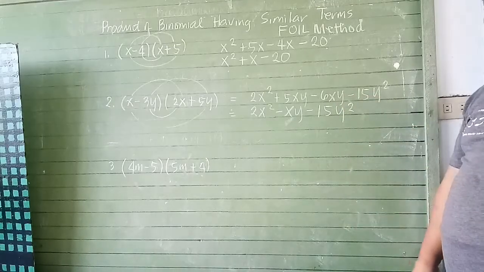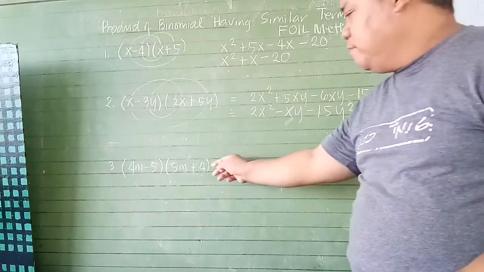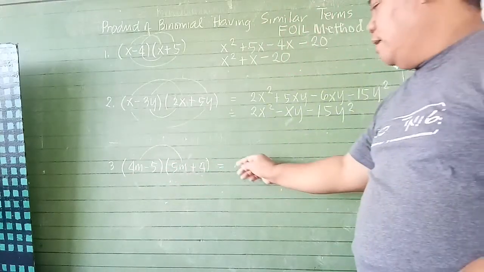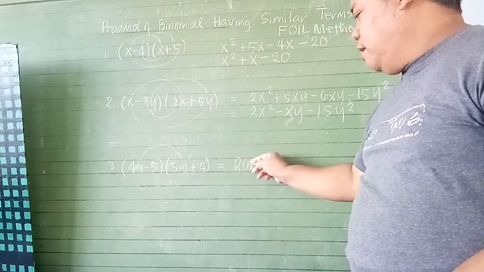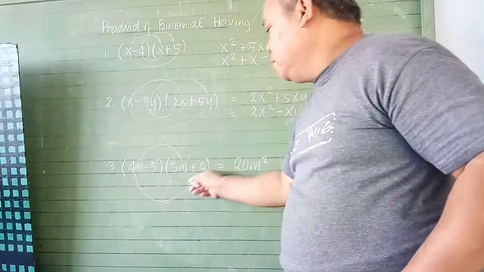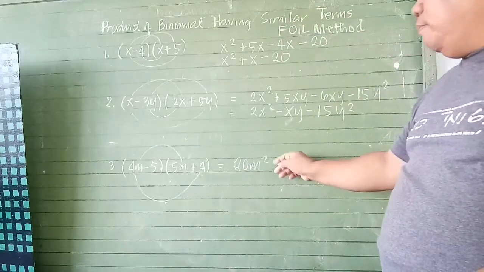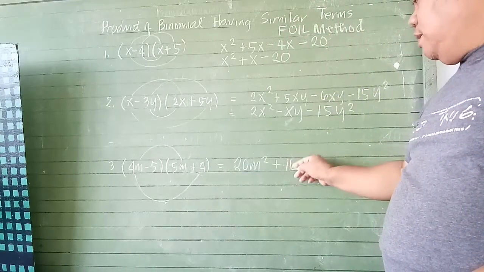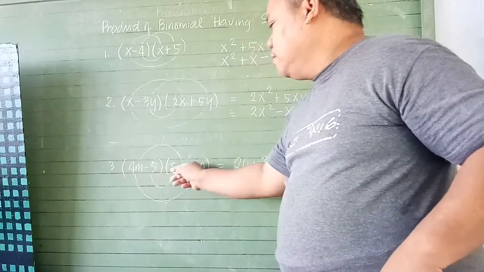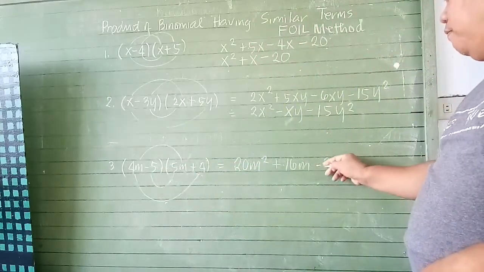So that is the product. Now for this last one, that is 20m squared. Then outer terms, that is plus 16m. Inner terms, negative 25m.